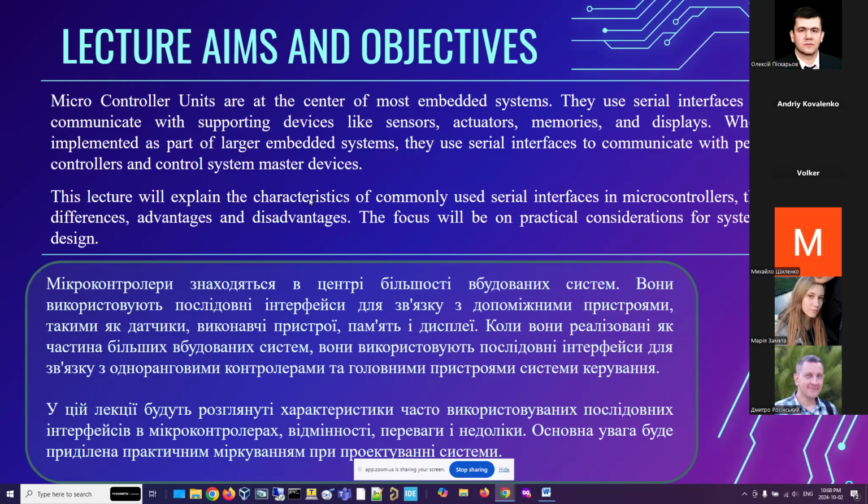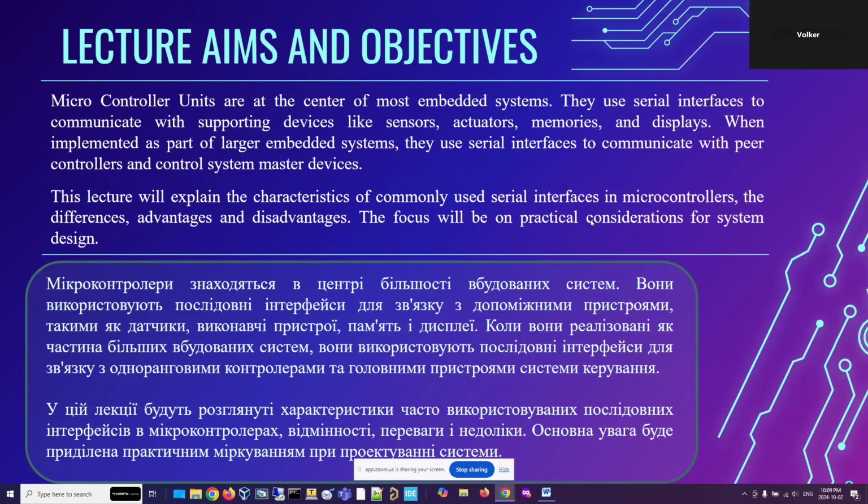I wanted to point out the characteristics of most of the normally used serial interfaces and focus on the differences, advantages, and disadvantages, with also the focus on the practical implementation, including for projects. I will be mentioning logic families.